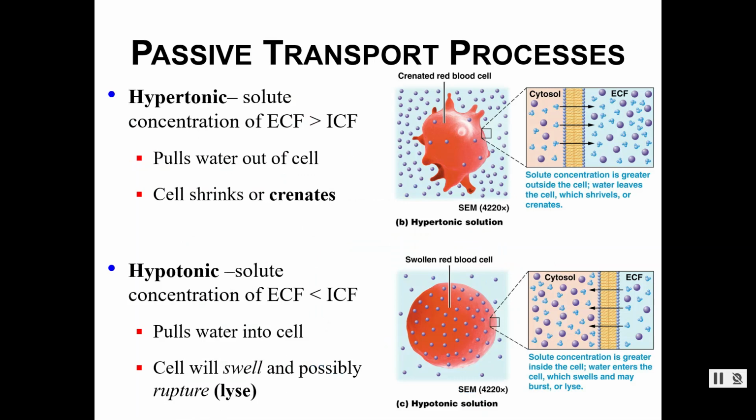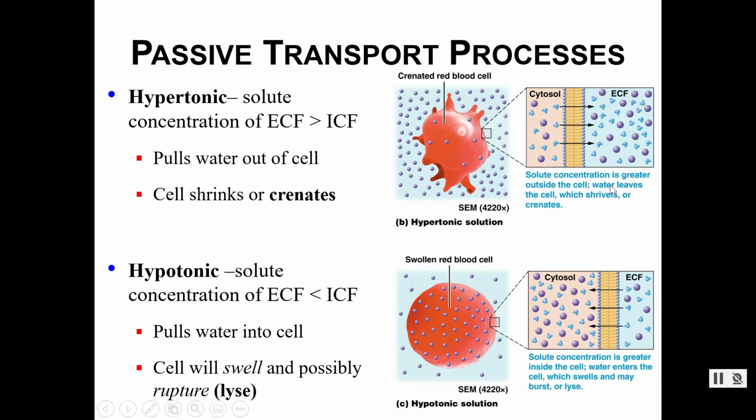That isn't how it always is though. Sometimes things go wrong. If your red blood cells are sitting in a hypertonic environment, then there is more solute concentration in your extracellular fluid than in your intracellular fluid.